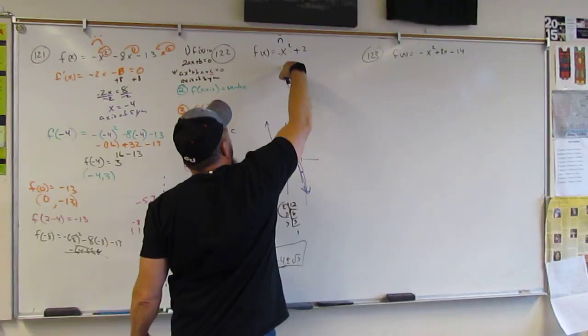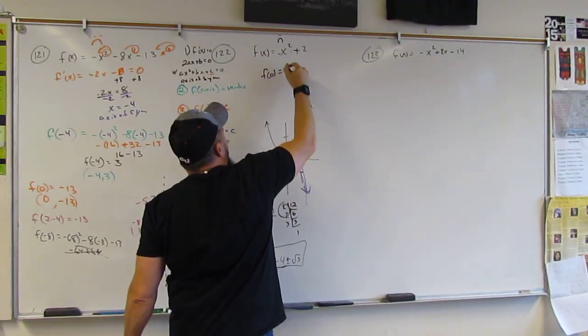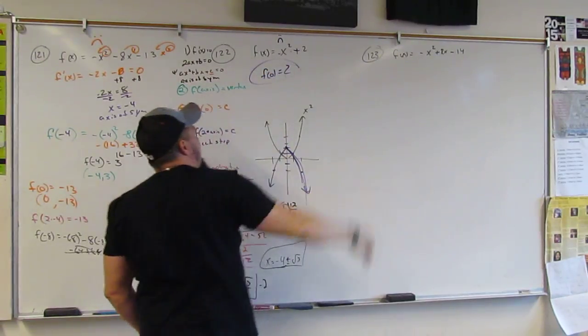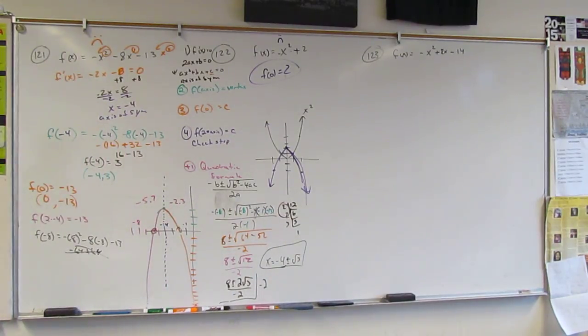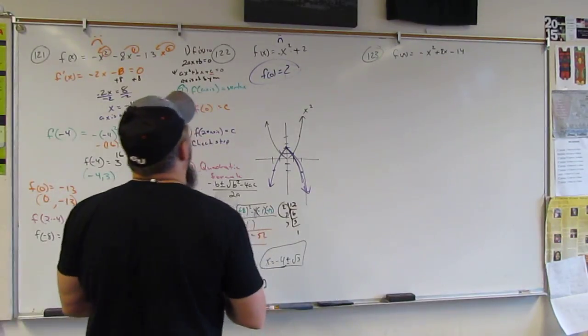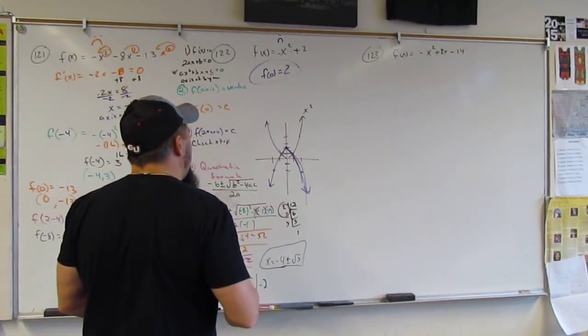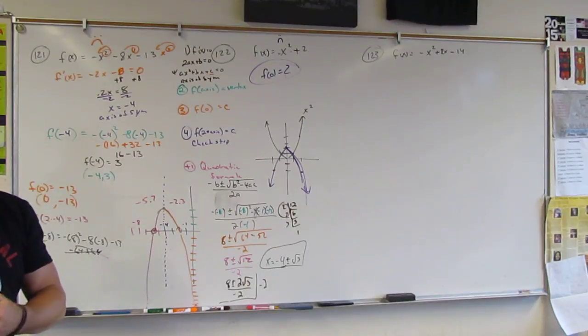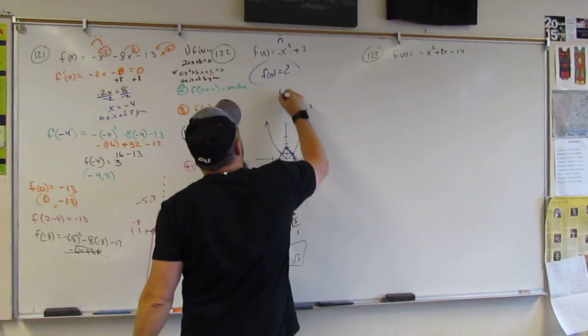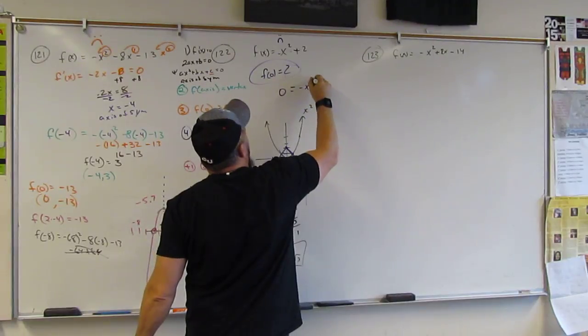Well, when I plug in a 0, f of 0 equals 2. So that's my y-intercept. My x-intercepts would be the quadratic formula again, negative b plus or minus the square root of b squared minus 4ac. Or in other words, when y is 0, 0 is equal to negative x squared plus 2.